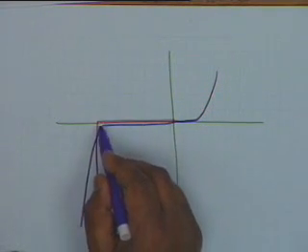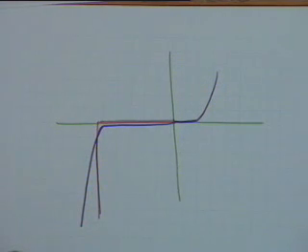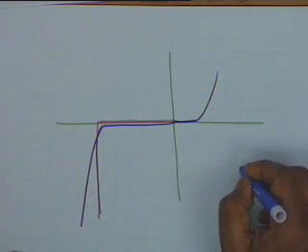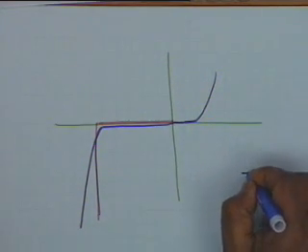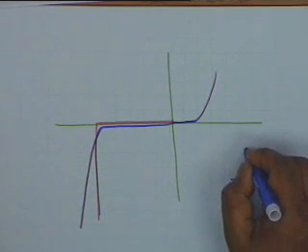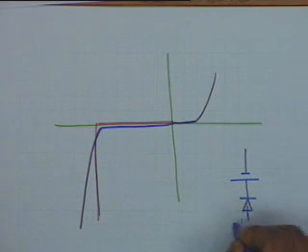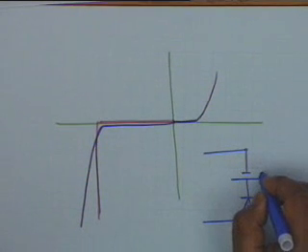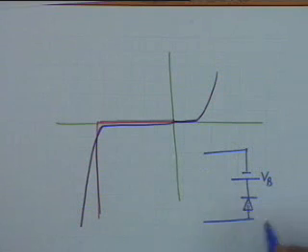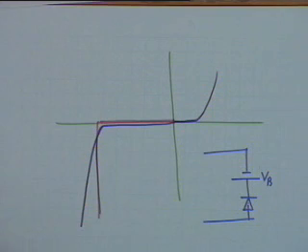Well, if I use the red approximation, red characteristic, then obviously all that I have to do is that there would be a threshold voltage. All right, and this is good enough. We have an ideal diode in conjunction with a threshold voltage, which obviously is the breakdown voltage, the voltage at which breakdown occurs.